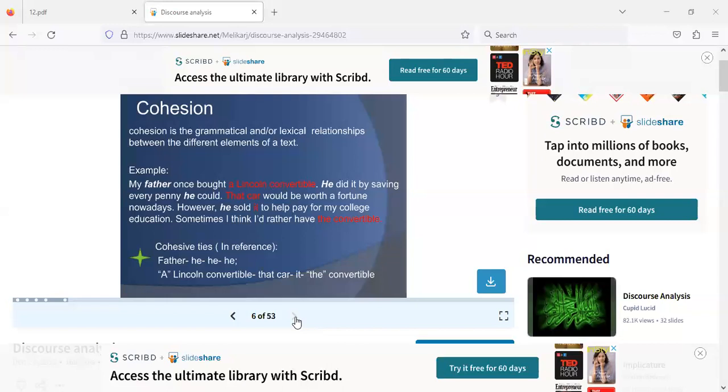So his personal attitude is also conveyed, right? So, analysis of these cohesive links within a text. Now, what are these cohesive ties? It can be references, like grammatical references here with these pronouns, or lexical relationships, right?